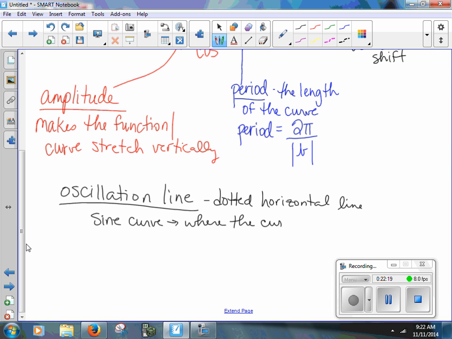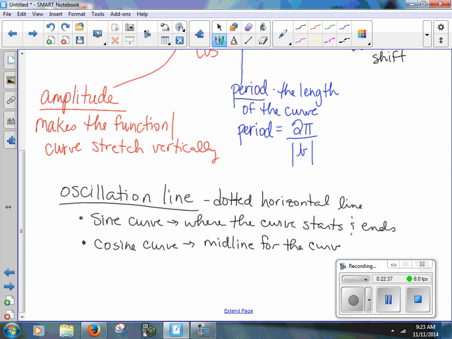For the sine curve, it's where the curve starts and ends. For the cosine curve, it's like a midline for the curve, for that up cup or down cup. And it being a midline, a mid horizontal line. Okay?